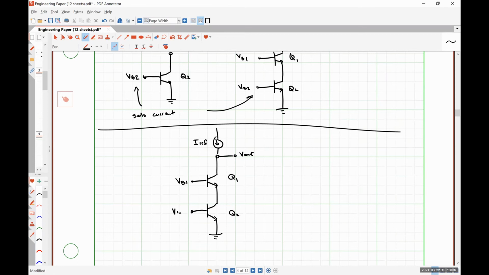cascaded or two-stage amplifier, where on the bottom, we have a common emitter amplifier, and stacked on top of that is a common base amplifier, and you just multiply the two gains together, and you know what the input-output relationship is, just like we did way back in circuits 2.